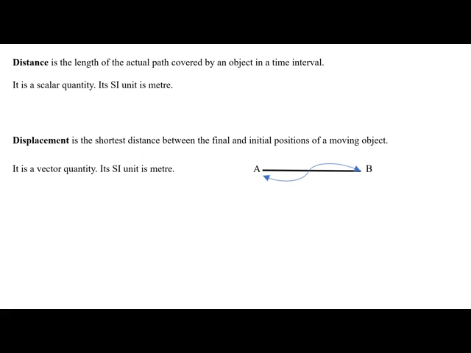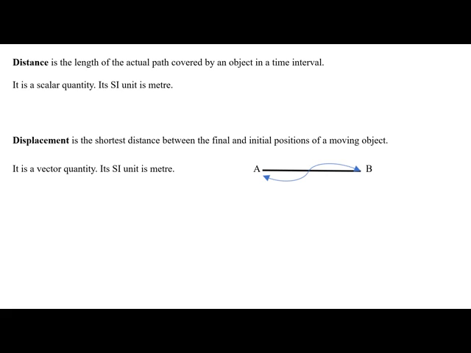You see, I have given an image. A boy is traveling from point A to B. Earlier we saw that distance is the distance traveled from A to B, either a straight line or the blue path. So distance is the path covered. But displacement is the shortest distance between A and B. What is the shortest distance between A and B?